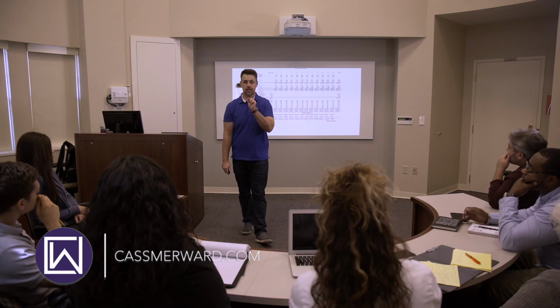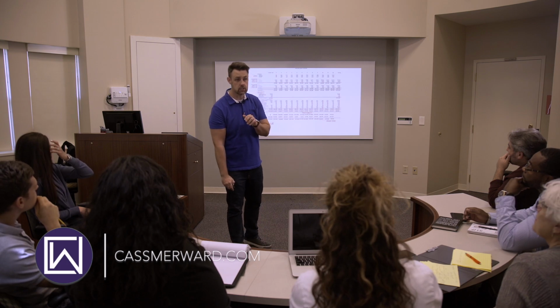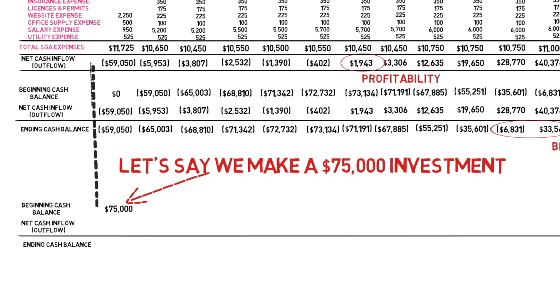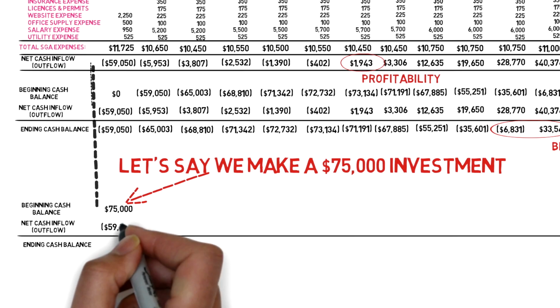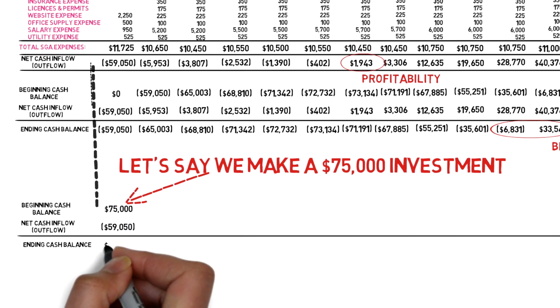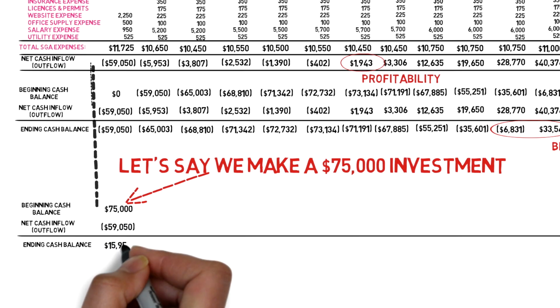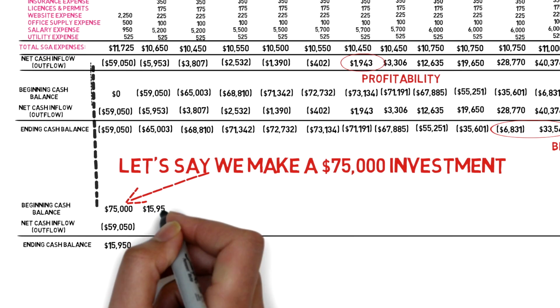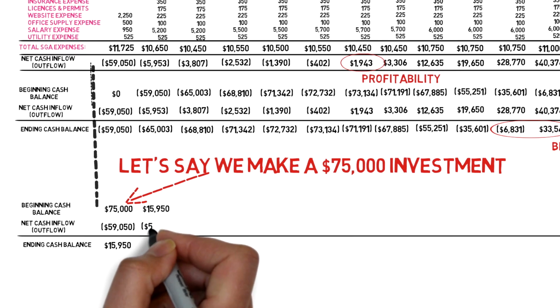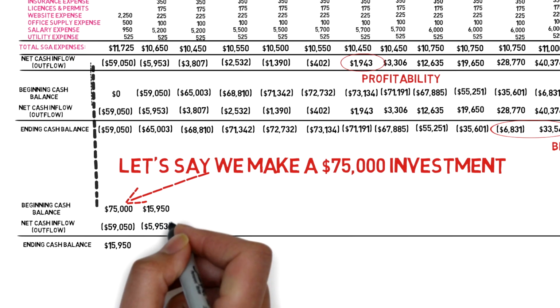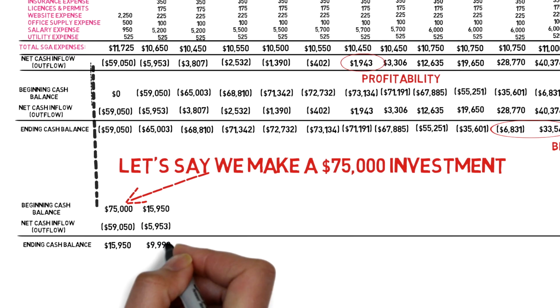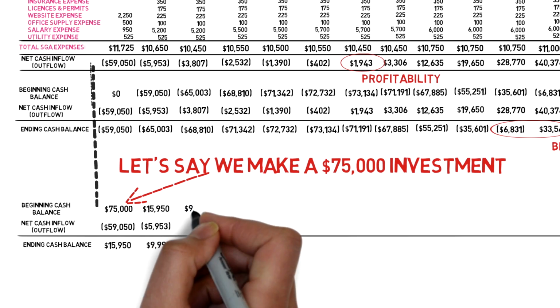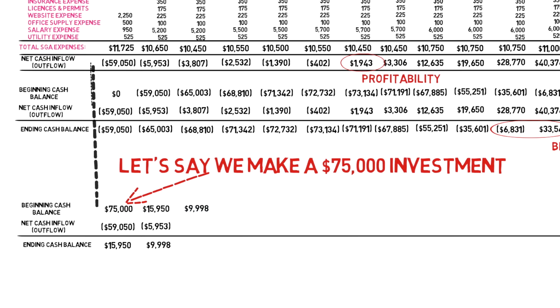So let's do this exact same exercise, but pretend we put a $75,000 investment into the company, and we start out at $75,000. So from there, even with the same outflow coming in, we have a positive cash balance. And this is more realistic. This is truly how your business will run, but you want to find out when you'll run out of cash.